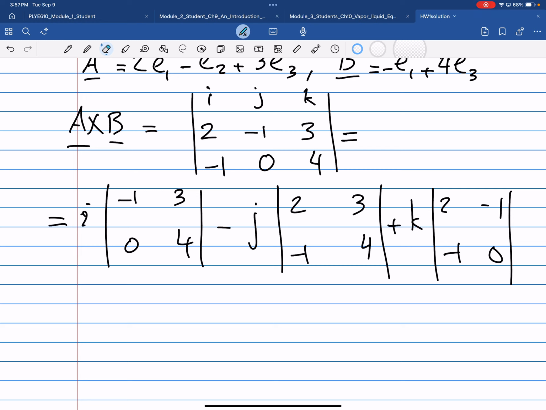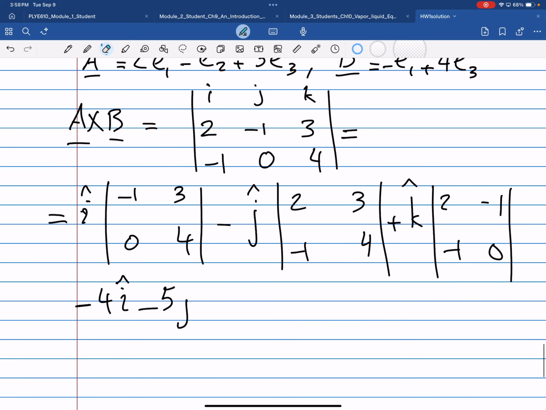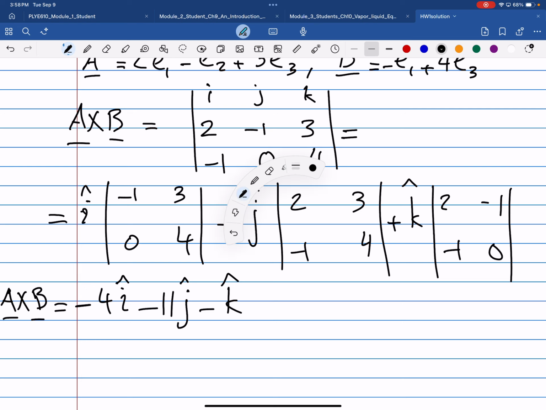So you are going to have minus 4 I, then 8 minus 3, which is minus 11 J. Then you are going to have plus minus 1 K. So this is your A cross B. Good.